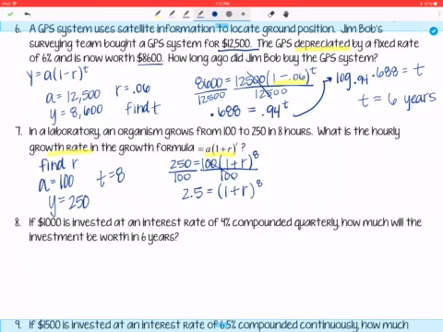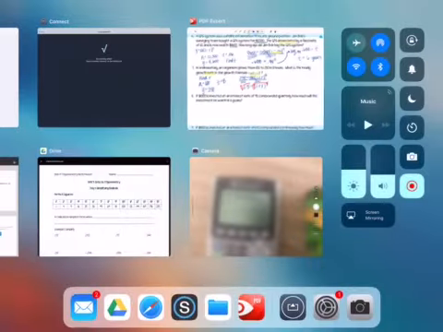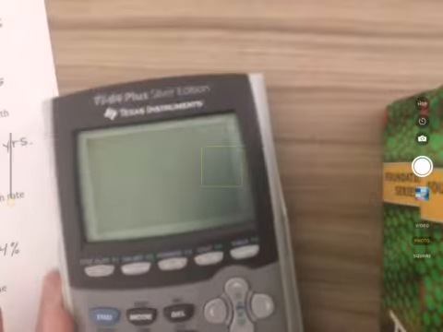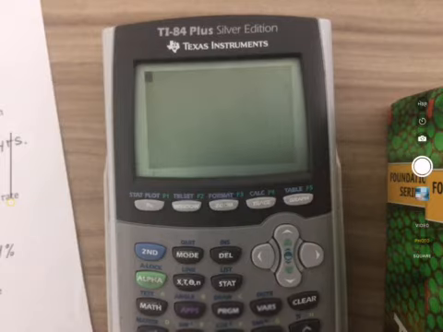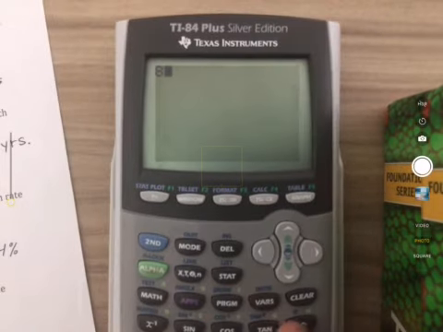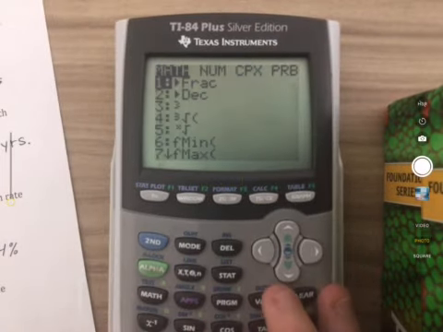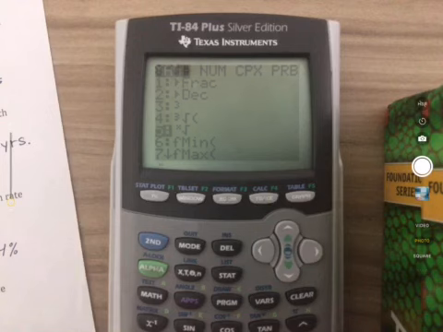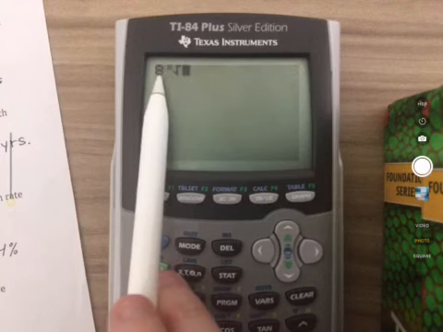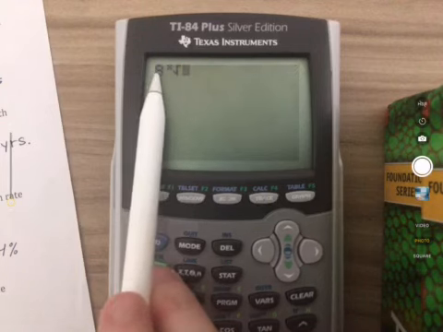Now, in order to get rid of the 8 exponent, I need to take the 8th root to make those cancel. In case you don't remember, when you're trying to take a root that's not a cube that's already written in your calculator, you need to press 8, and then go to math, down to number 5, so that indicates you're taking a root with an index of 8.